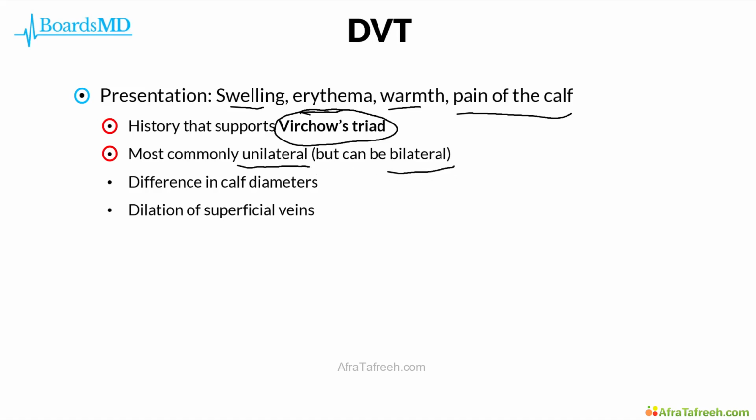Because DVTs are usually going to be unilateral on your examinations, you should be able to appreciate a difference in the calf diameters, as the affected side is going to be more swollen than the other. Additionally, when there is a thrombosis in one of the deep veins, you can have dilation of some of the more superficial veins, as there is essentially a backup of blood, thus leading to a dilation of more superficial, more proximally located veins.